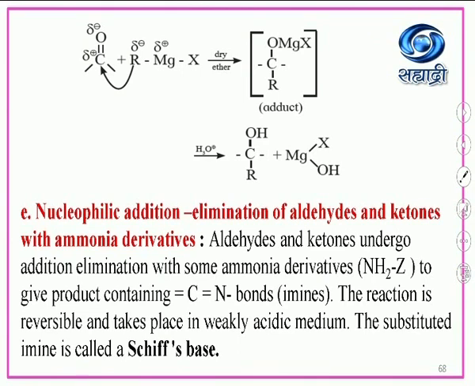Then nucleophilic addition elimination of aldehydes and ketones with ammonia derivatives. Aldehydes and ketones undergo addition elimination with some ammonia derivatives, NH2 Z, to give products containing carbon double bond nitrogen, that is the imines. The reaction is reversible and takes place in weakly acidic medium.